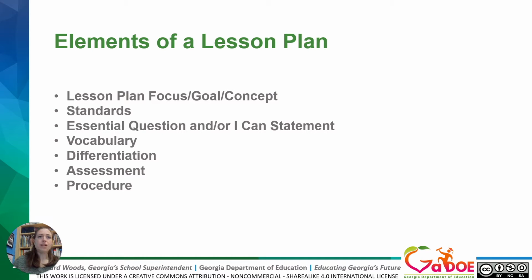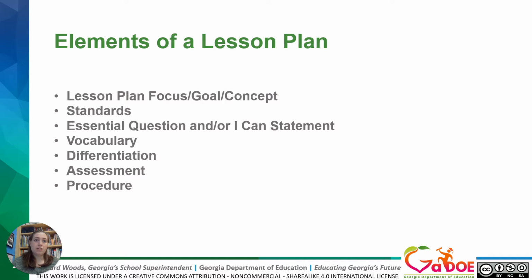But they suggest listing your lesson plan focus or goal or concept, like the main concept you're working on for that day, the standards that your lesson plan is hitting, and notice I'm mentioning more than one, plural, because in every single lesson we're probably going to be hitting more than one standard, the essential question and or I can statement. And this kind of comes down to an individual school preference.